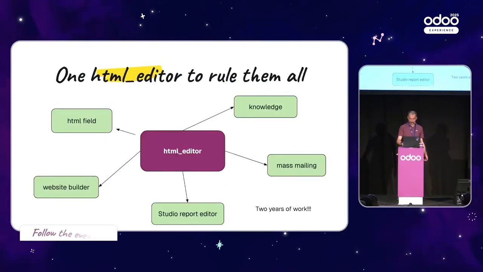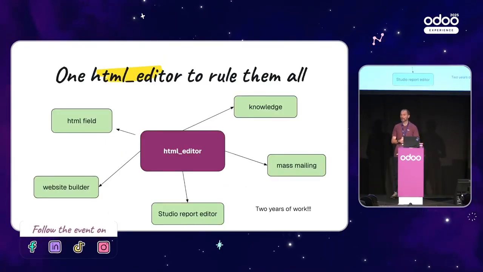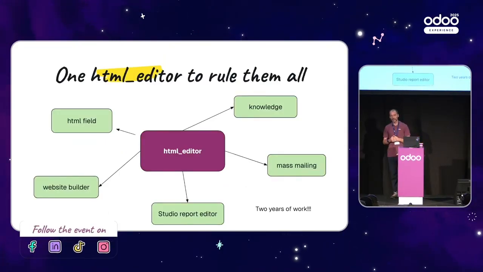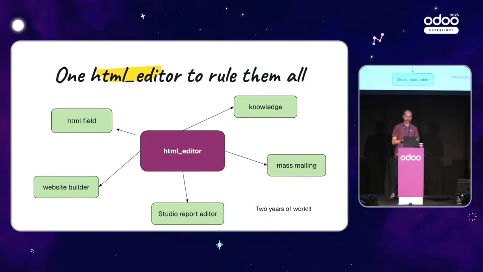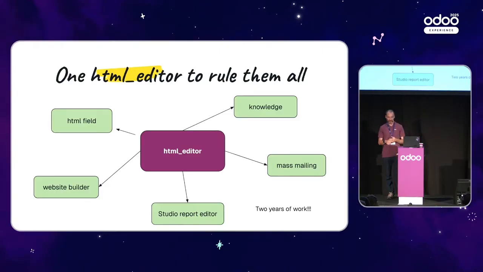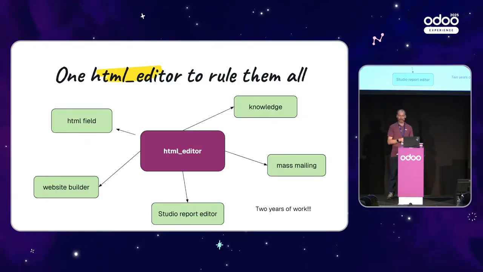Okay, now what I was telling you is basically the culmination of 2 years' work at Odoo across many teams, across many developers, where we modernized our editing infrastructure. 2 years ago, we started working on the HTML editor, which replaced the old web editor. And this new code has been used in different contexts by a bunch of add-ons.